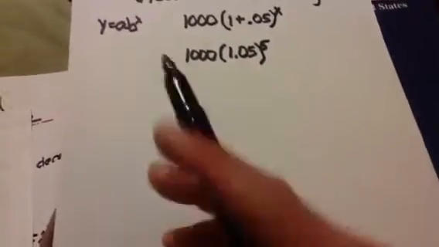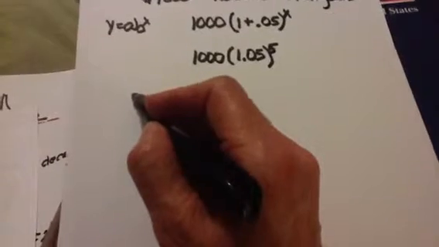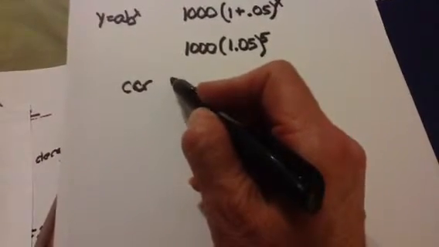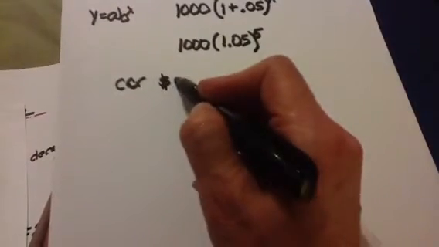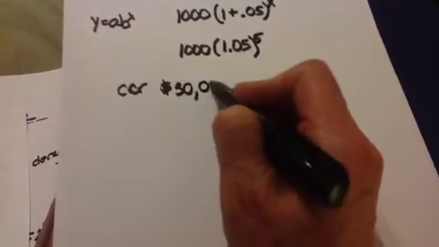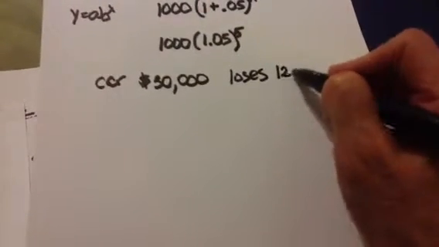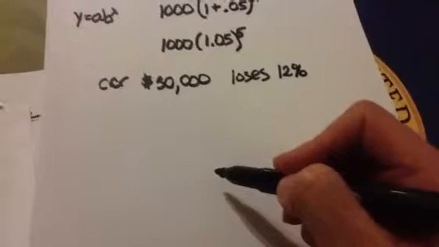Let's do a decay problem. Let's say that I bought a car, and over time it depreciated in value. So the car cost, we'll say, $30,000. And as soon as you drive it off the lot, it depreciates in value. So it loses, we'll say, 12% value every year.